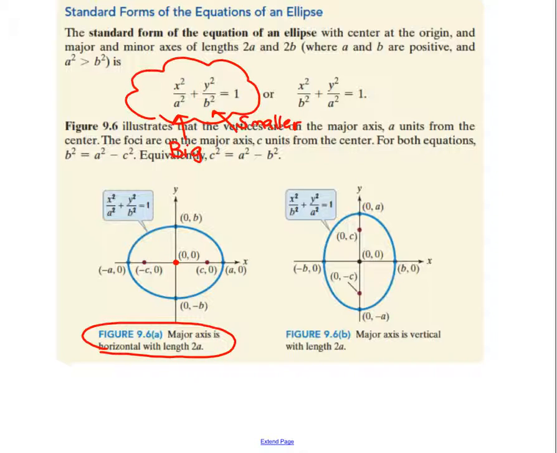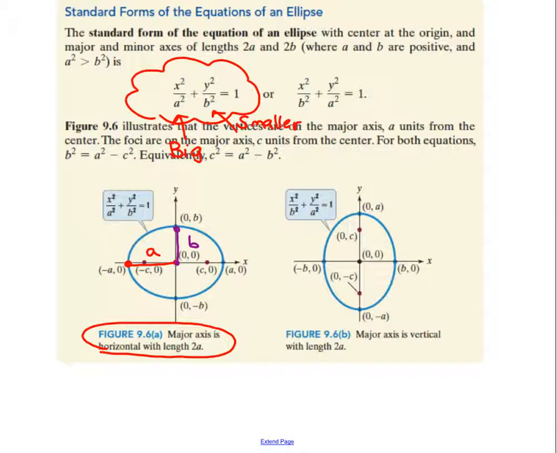From the center to one vertice is a distance of a. So change colors here. From the center to the minor axes, this distance here is the length of b.